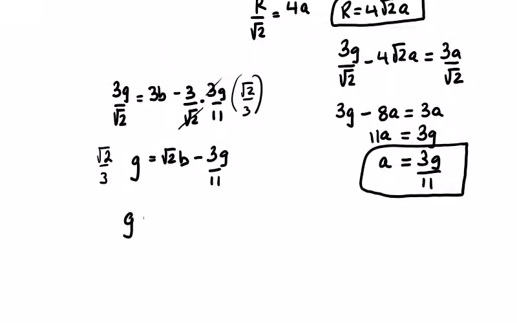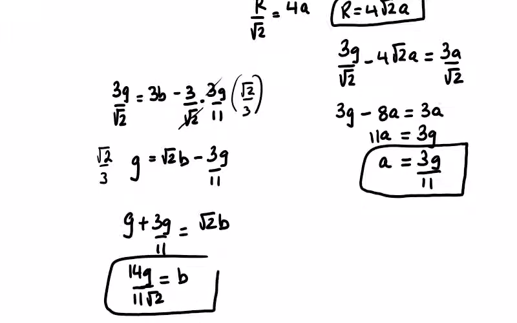So g plus 3g over 11 is equal to root 2 b. So that would be 14g over 11 is equal to root 2 b. So just bring the root 2 underneath. So b is equal to 14g over 11 root 2.